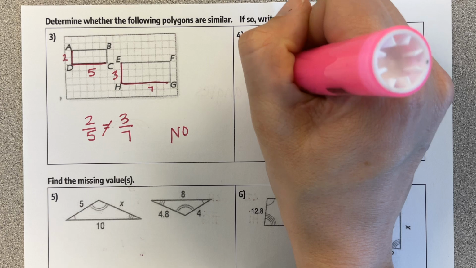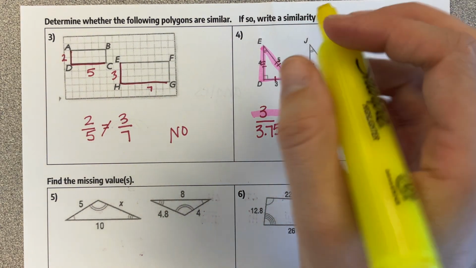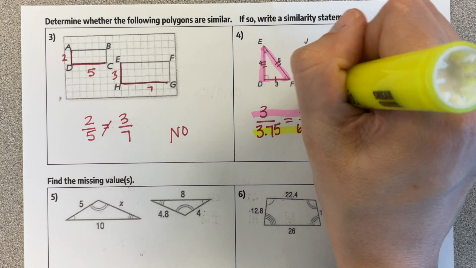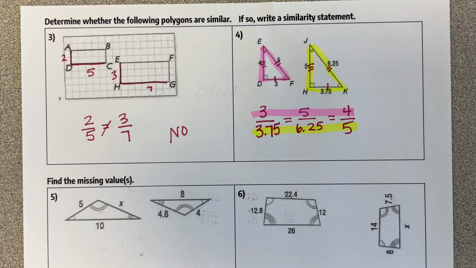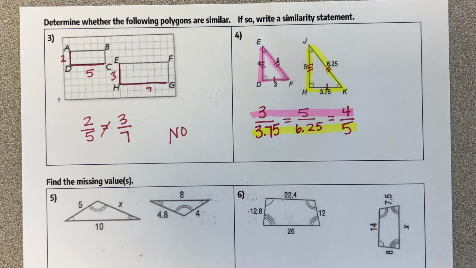So this is all one triangle. That was all from this guy compared to these, which were all from the other one. And I'm just going to plug this into my calculator. 3 divided by 3.75, 5 divided by 6.25, 4 divided by 5.